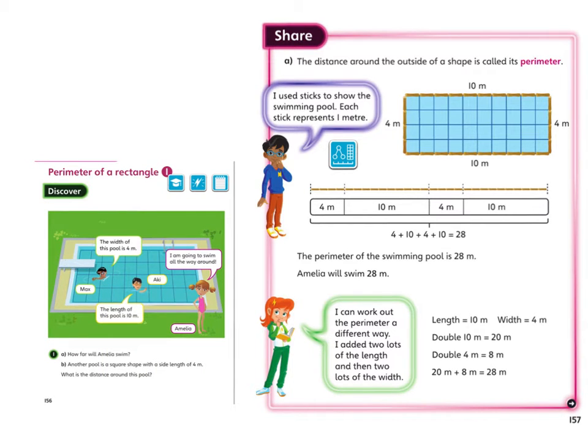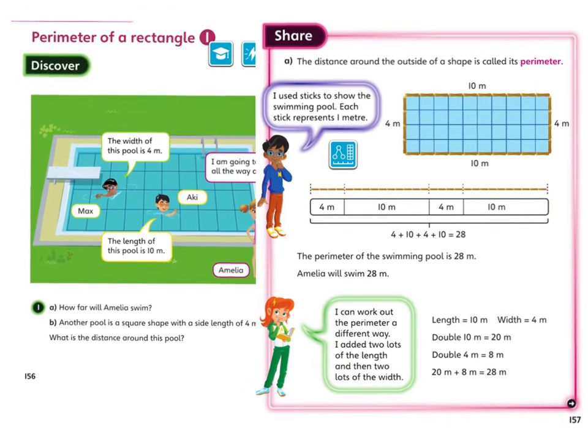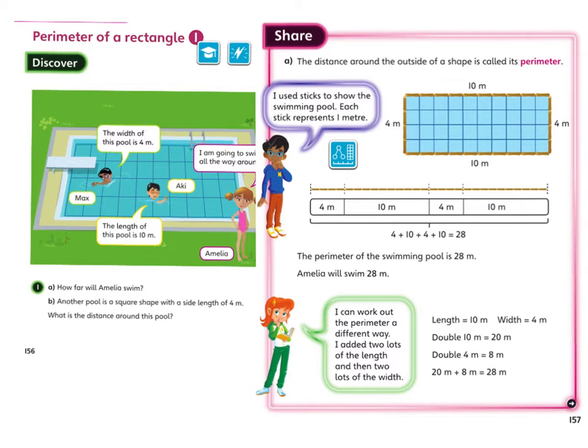And then if we look at B, the second part of the question, it says another pool is a square shape with a side length of 4 meters. What's the distance around this pool? So if we think about a square, we know that all of the sides of a square are equal, and if each of the sides is 4, all 4 sides will be 4 each.